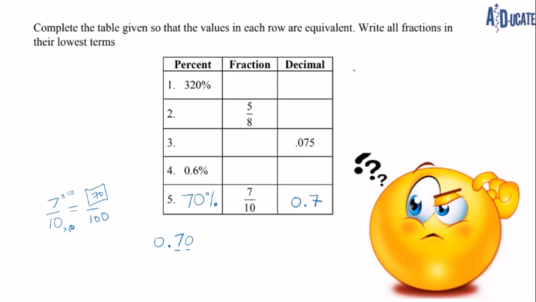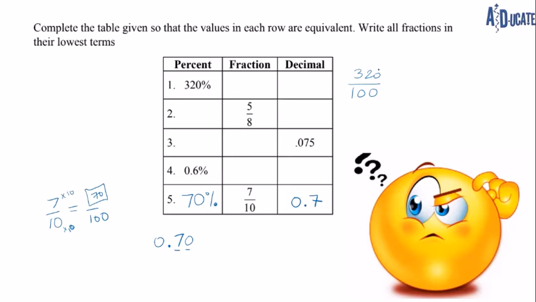Any number over 100. Great. So we have our fraction already, 320 over 100, but it's an improper fraction and it's not in the lowest form. How about we try to make it smaller?